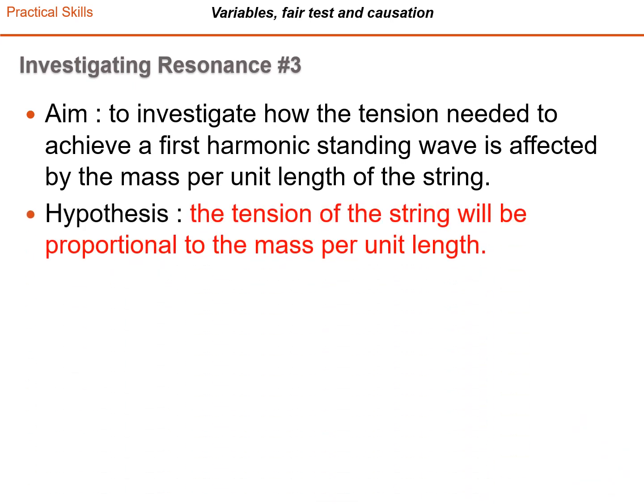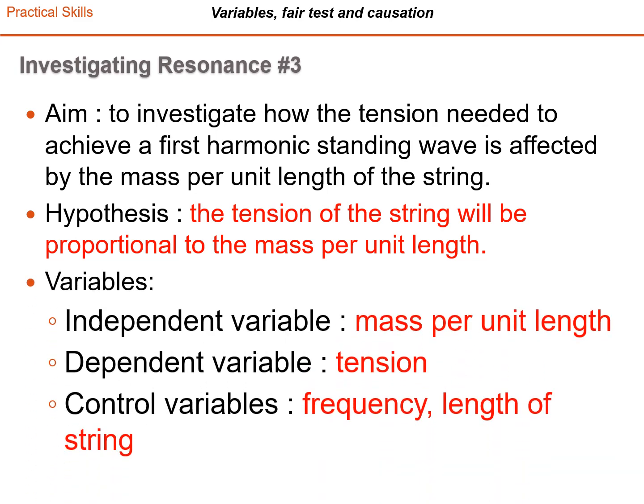So a hypothesis here, which is derived from the equation, will be the tension of the string will be proportional to the mass per unit length. When determining how one variable affects the other from an equation, variables will always be proportional to each other if they can be written as a fraction, as a numerator over a denominator.